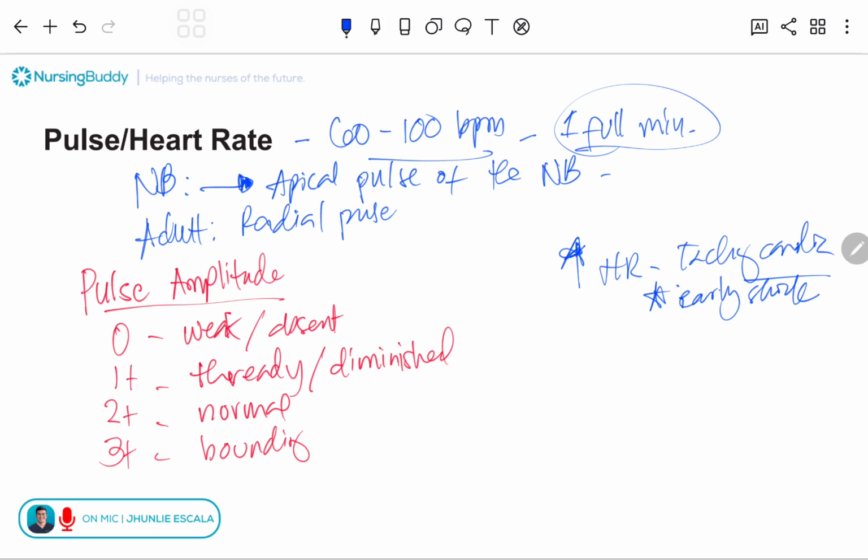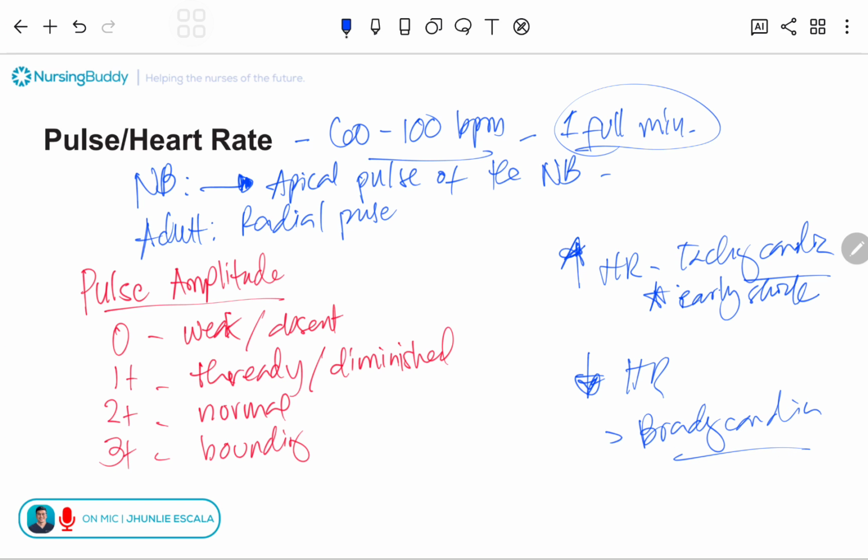Na kung saan nagko-compensatory mechanism po ang ating heart. So it's trying to pump the blood that's available in the body para po masupply ng mga vital organs sa buong katawan natin. Okay. So kapag mababa naman po ang heart rate, we call that as your bradycardia. Okay, so tandaan po natin yan.